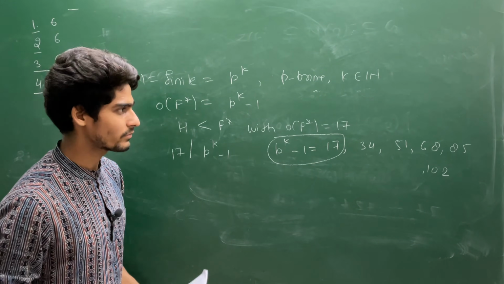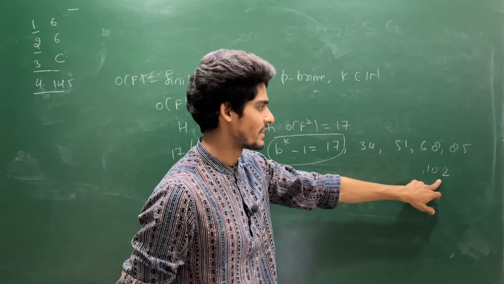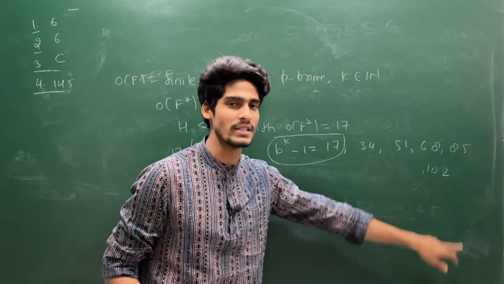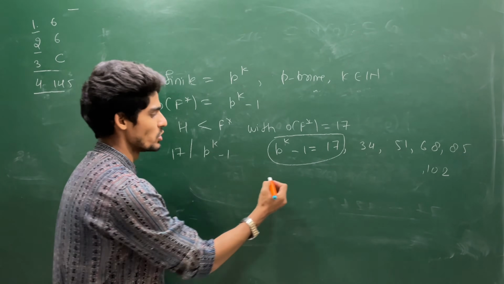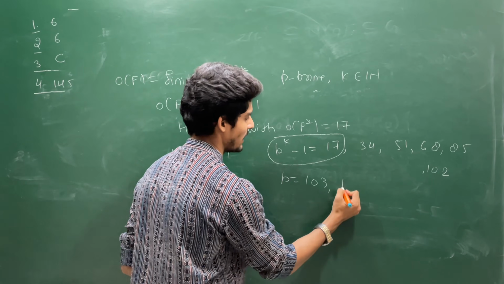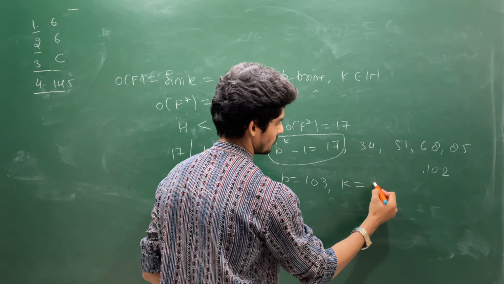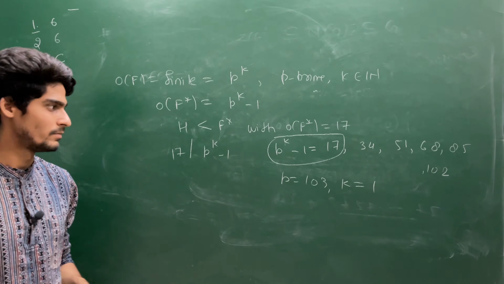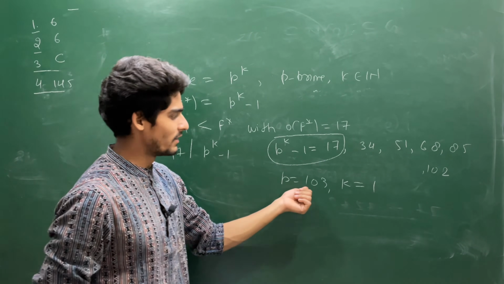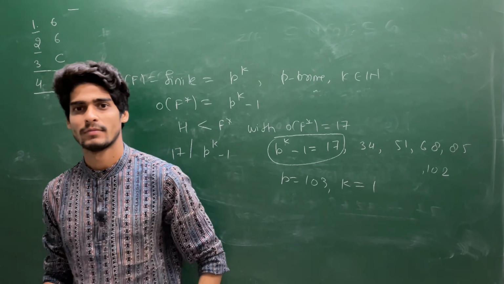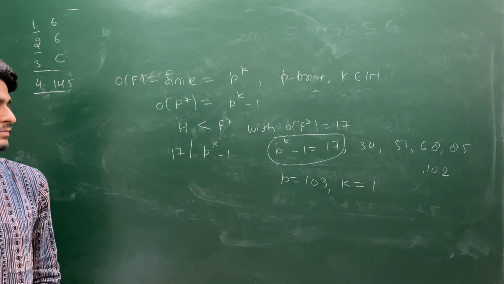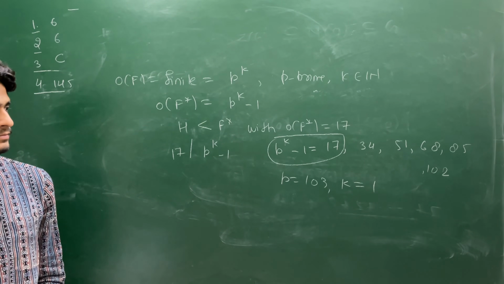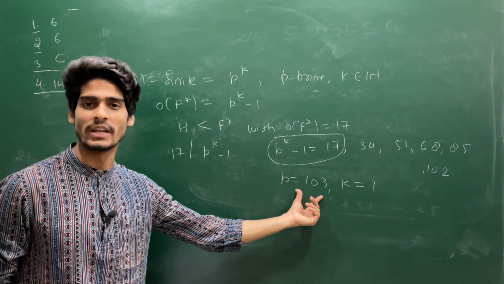But if you see this case, p power k minus 1 you can make 102, because you know that 103 is a prime number. So you can choose your p to be 103 and k to be 1. So this is the smallest possible choice. And how would you claim that 103 is prime? Try to argue in a better way why 103 is prime.